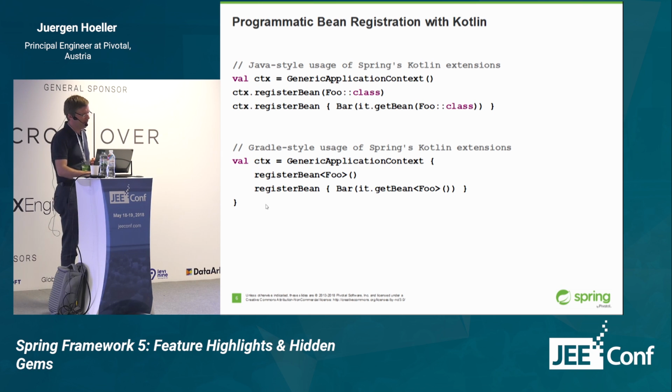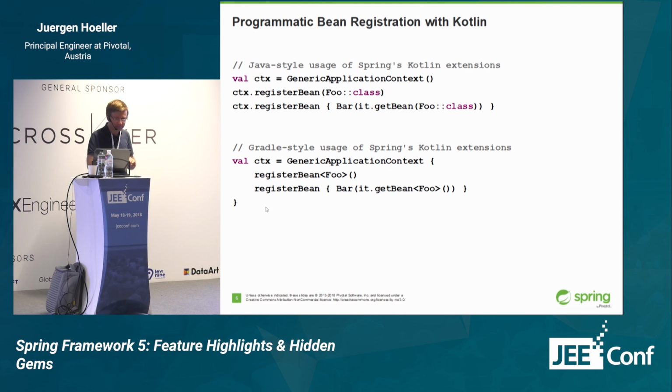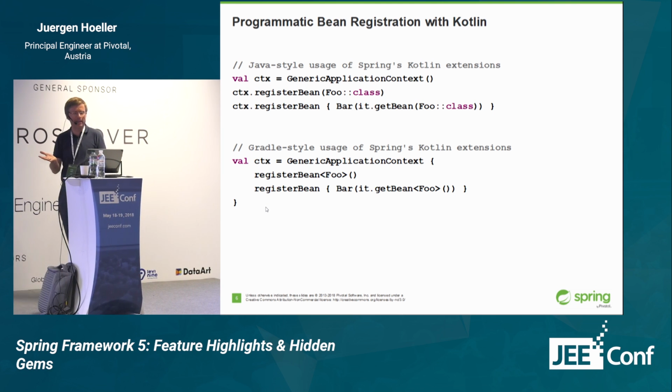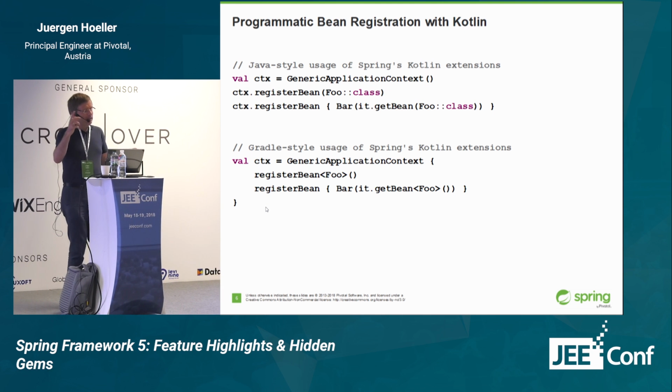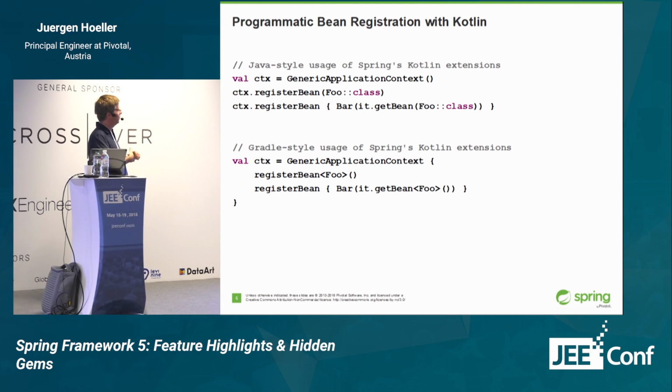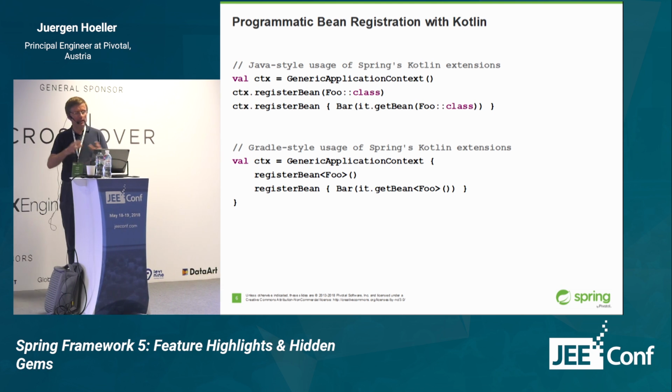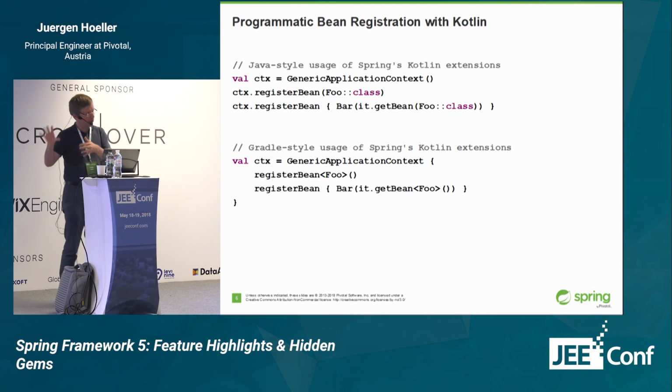What I'm calling the Gradle style usage of Kotlin here. A Gradle style just means similar in style to the Gradle DSL. The Gradle build tool traditionally has a Groovy specific configuration language. There is a Kotlin configuration language as well for Gradle, and this is using Kotlin in a similar way to here.